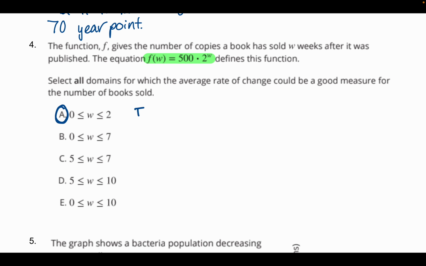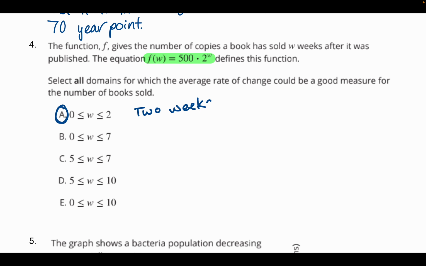So this is 2 weeks, and it's probably accurate for that 2 weeks. 0 to 7, that's probably a long time, and I'm sure it might curve a lot more over that. So I would not choose B. But for C, C goes from week 5 to week 7, which is also good because this is a 2 week range.